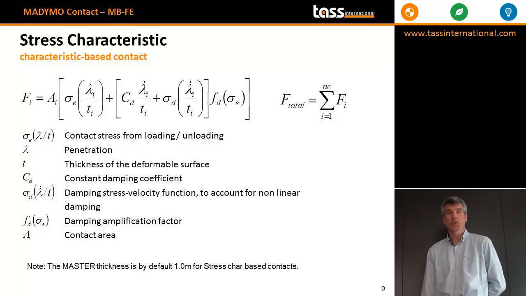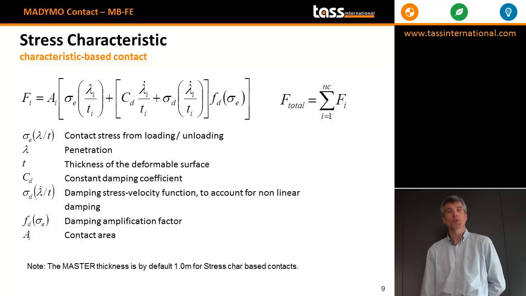The rest looks pretty familiar to what you have seen, for example, in the restraints. You have an elastic part, a damping, which might be constant, or a function defined, and there is also a link possible with respect to the elastic contact force. Maybe of a little bit more attention is the T, that's the thickness.